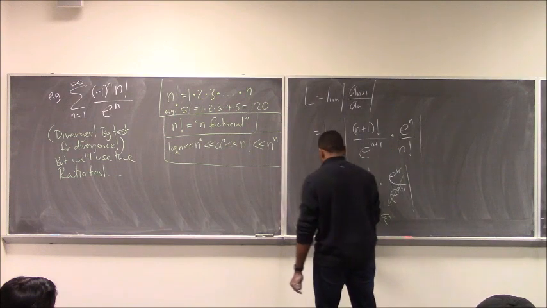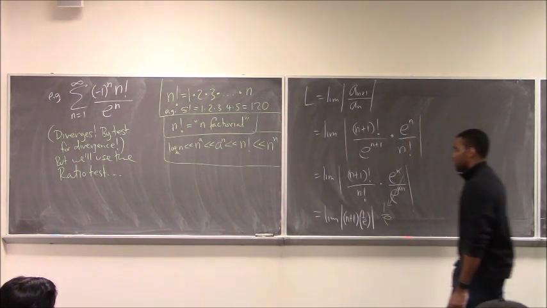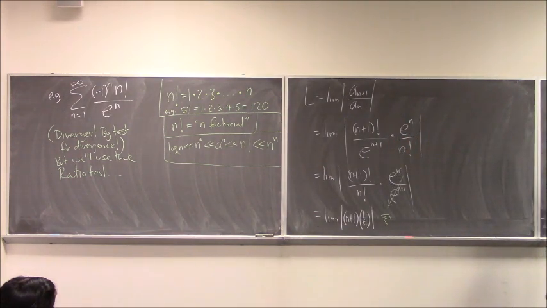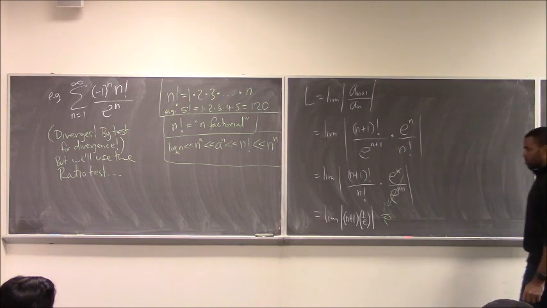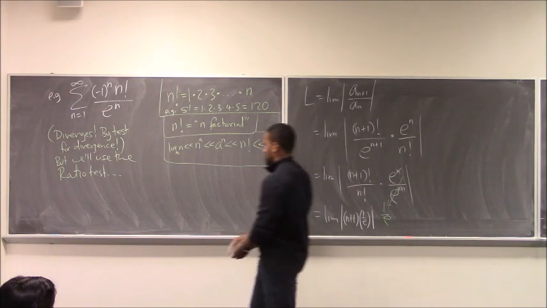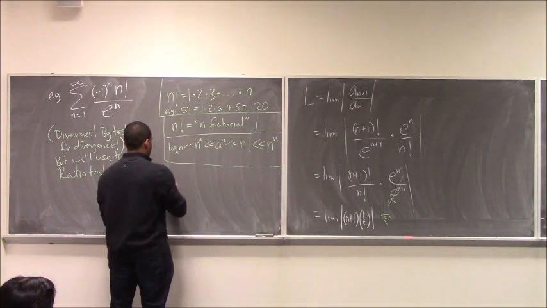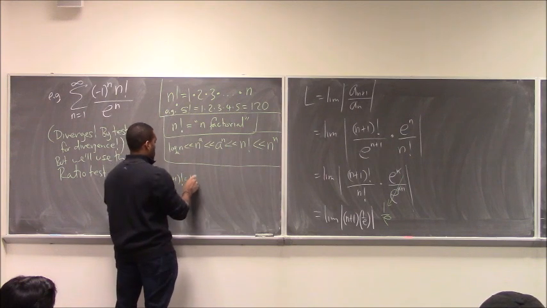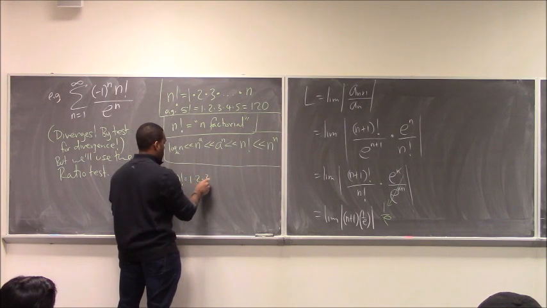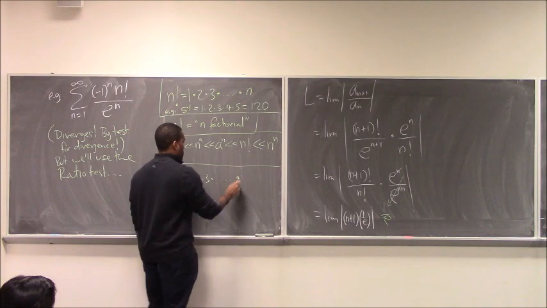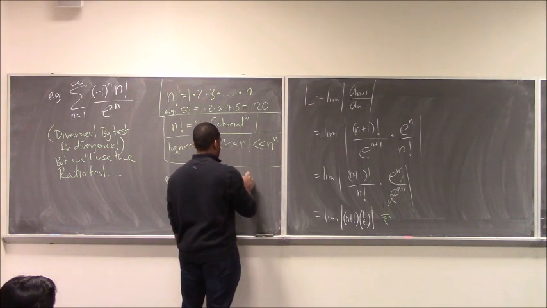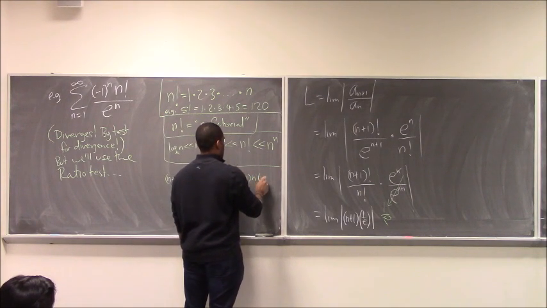How do you see that it goes to n plus 1? What does n plus 1 factorial mean? It's you multiplying all the numbers all the way up to n plus 1.